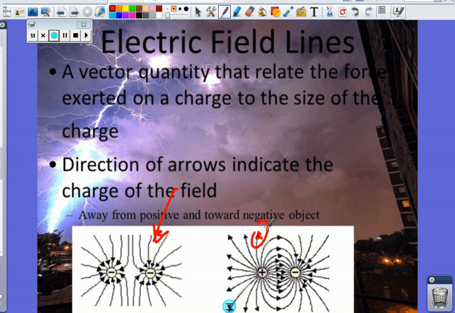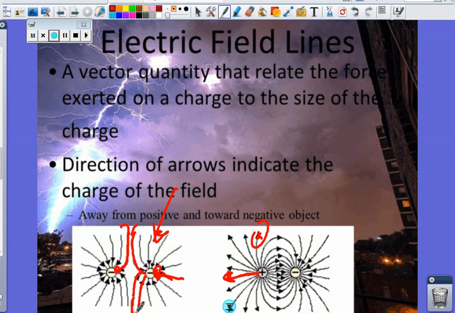So when you draw these field lines, you're going away from the positive and towards the negative. That's why, when you have like charges repelling, these lines that come in are repelling each other. These field lines don't cross.